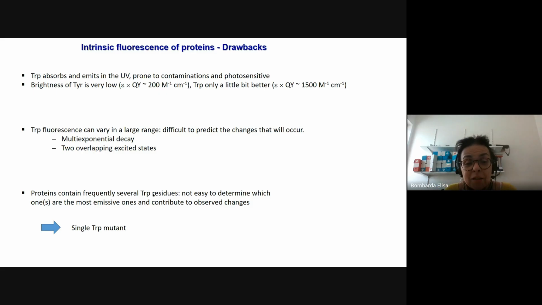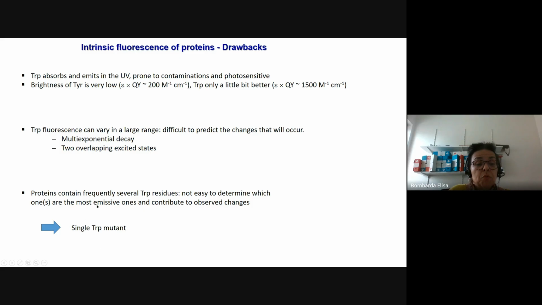What can be done to distinguish? Of course, one option is to mutate the protein in order to leave maybe only one tryptophan and then to change the position of this tryptophan along the sequence. That could be a possibility. Another possibility is to make an effort in the analysis, like we saw, to distinguish between the lifetime contribution of one tryptophan and the other.